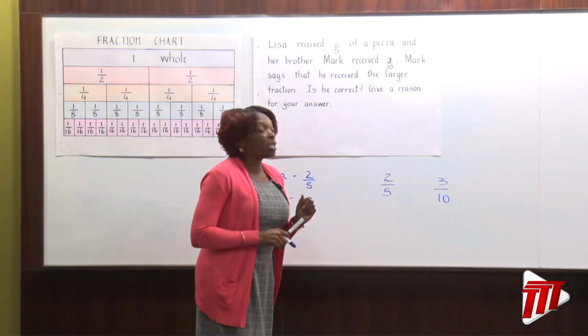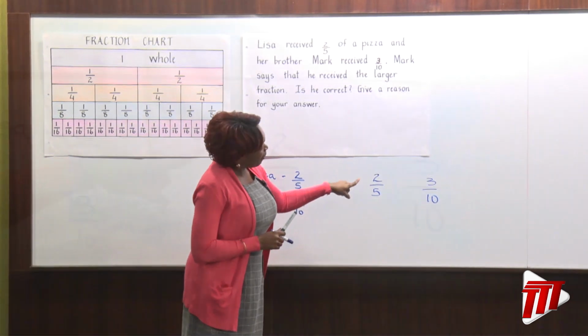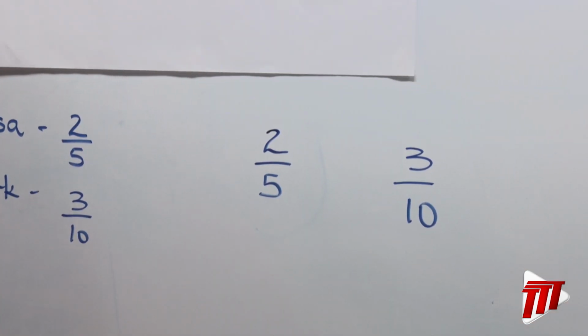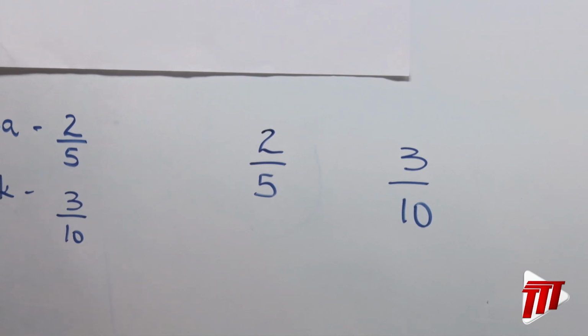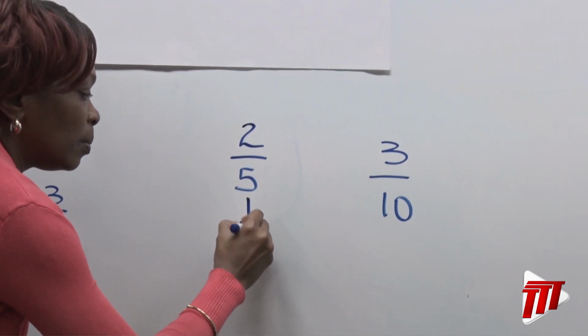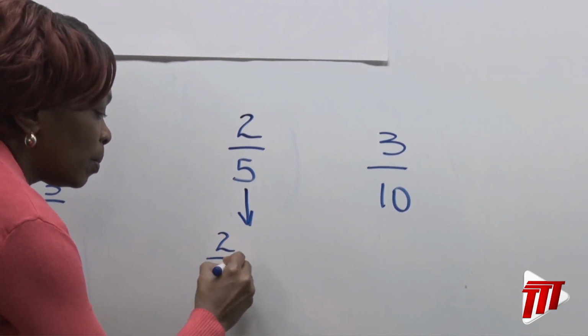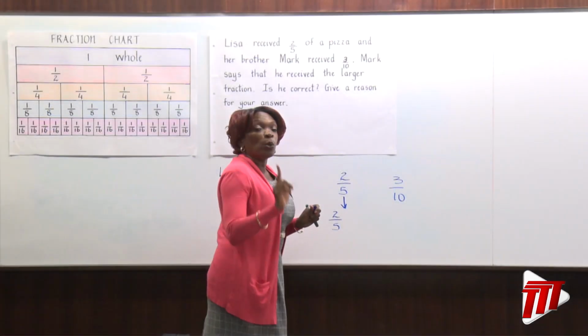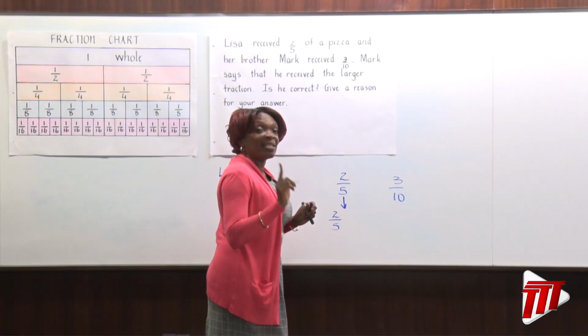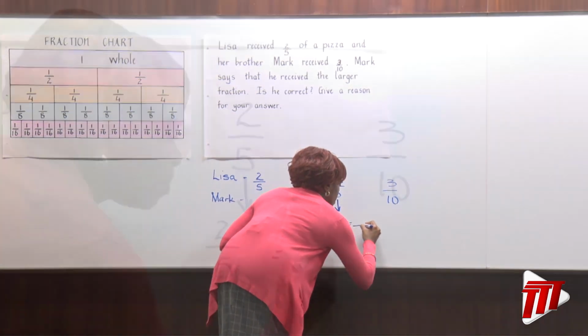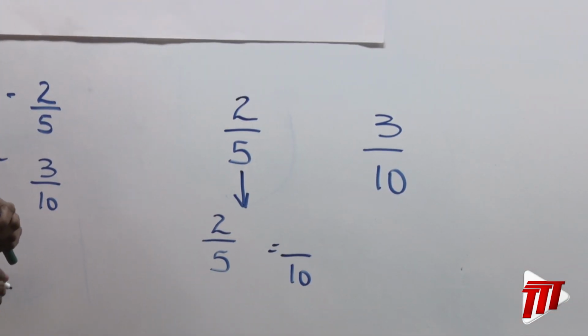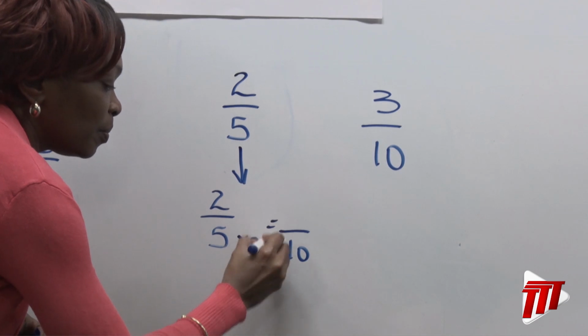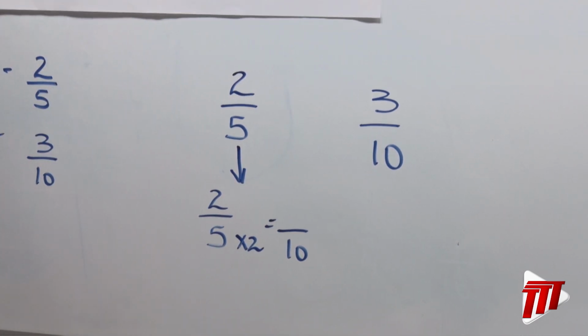Isn't 10 a multiple of 5? So therefore we can find equivalent fractions of 2/5. Let's do that now. Remember, we want to change the denominator to tenths. Five times 2 is 10.